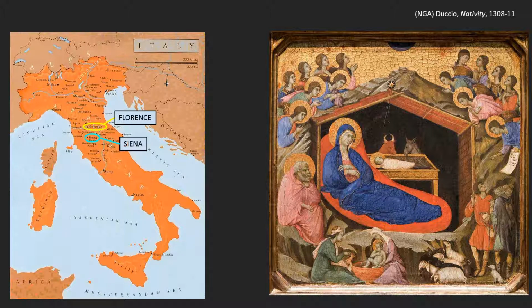And it is not a coincidence that they are working in the two cities where we have the largest contingency of bankers and merchants, who are people who are paying for some of these things.